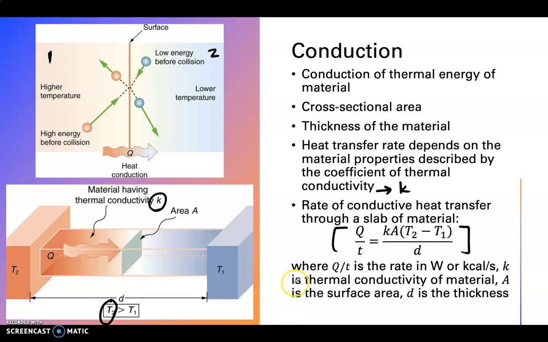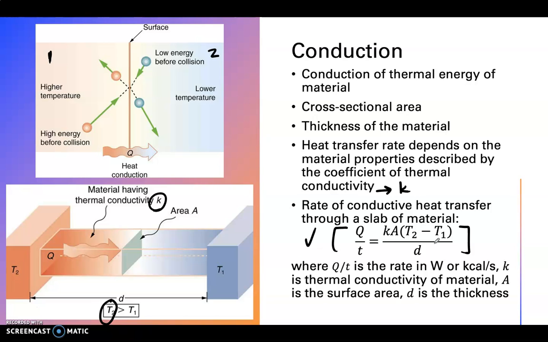So this is what we are going to be looking at when looking at conduction. And this rate will be in either joules per second, which is watts, or kilocalories per second. A will be in meters squared and d will be in meters.